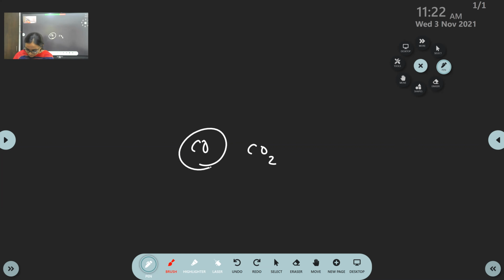Next. These are an essential source of energy for all internal combustion engines.